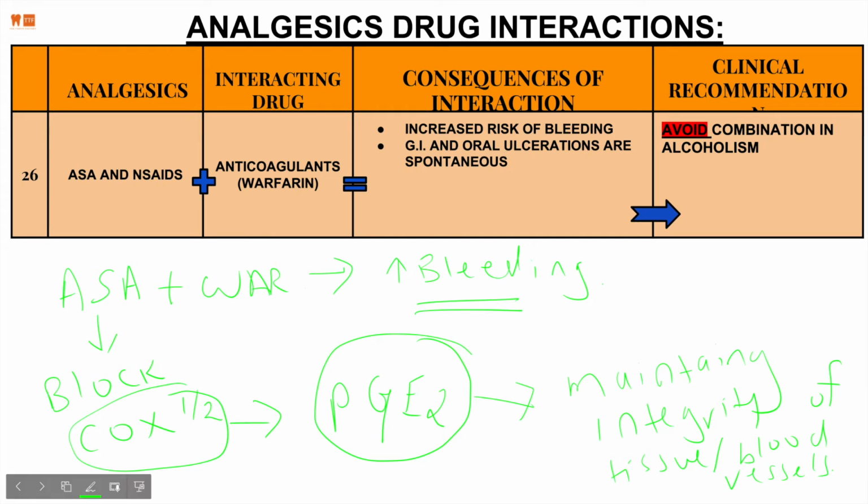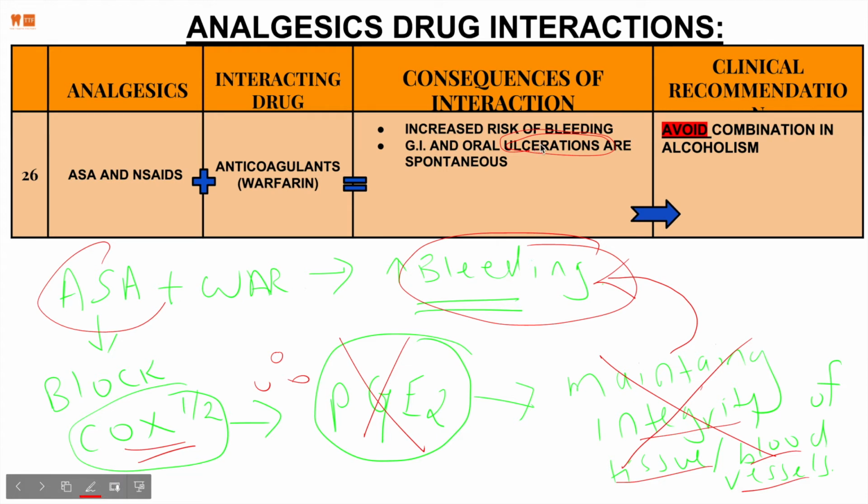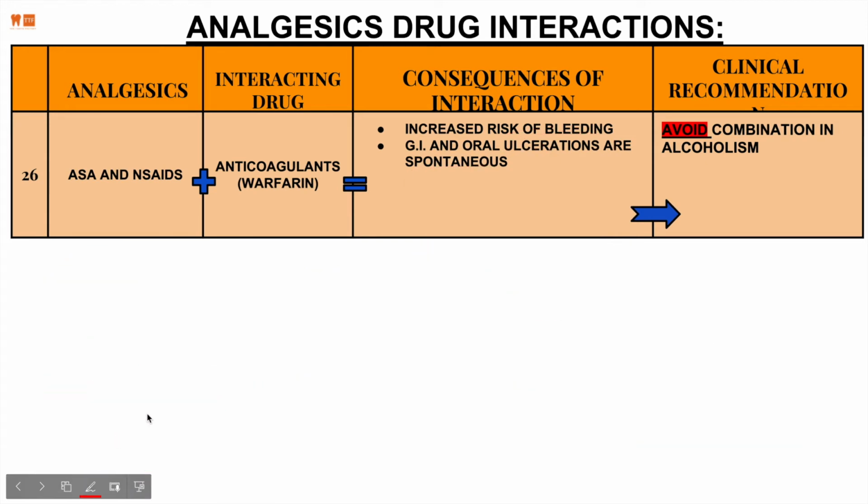So if aspirin blocks COX, therefore it blocks prostaglandin E2, that leads to no integrity of blood vessels, leading to increased bleeding. Increased bleeding how? Well, ulcerations, because the integrity of the tissue and blood vessels is lost. So ulcerations will lead to bleeding, especially spontaneous. I hope that's very clear. Okay, so we avoid that combination.